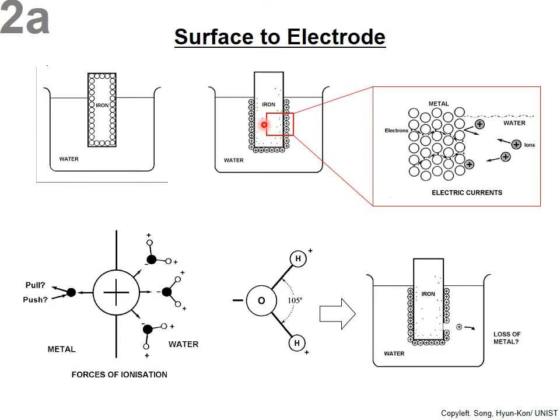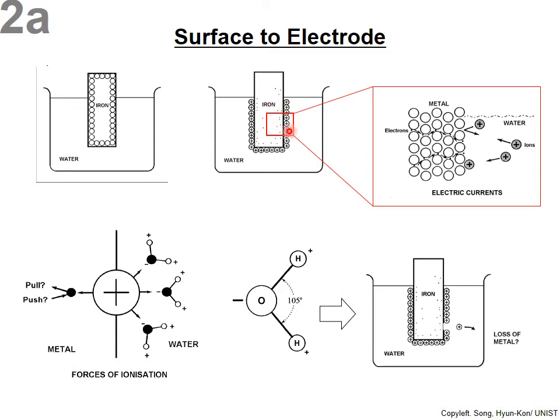Those are the electrons. So let me say we have 20 ionized surface species which are positively charged, and also 20 extra electrons inside of the iron bar. So charges are balanced to each other.